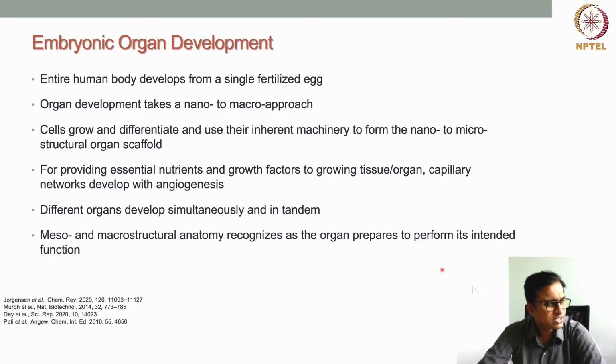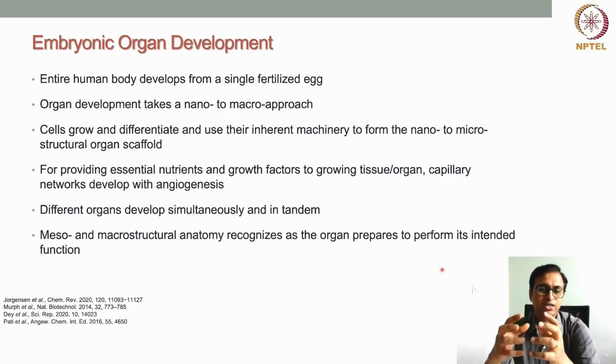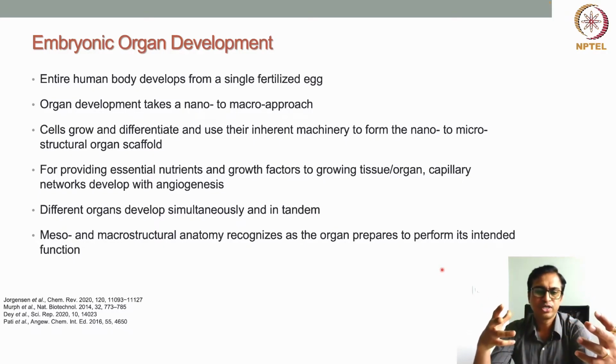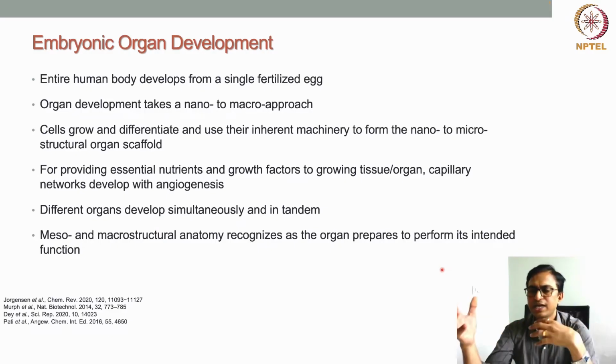Another interesting thing in embryonic organ development is that different organs develop simultaneously and in tandem. If you see embryonic organ development, from the very earlier few cell types, the whole different tissues or organs develop simultaneously and along with each other.